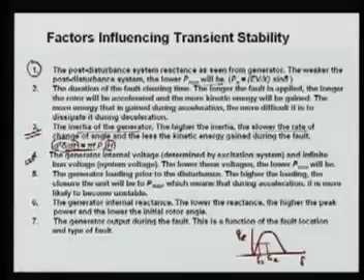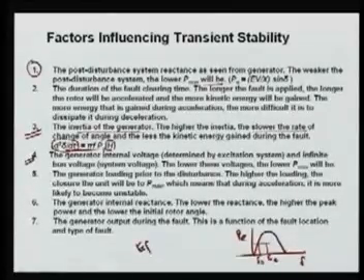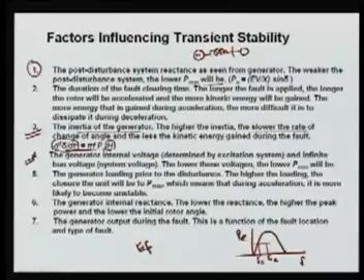The fourth factor which influences stability is the generator internal voltage, that is E F, determined by the excitation system. In our generation system, this is your generator, here is the reactance of the generator, then we have a transformer and then two lines, as in the example we took.